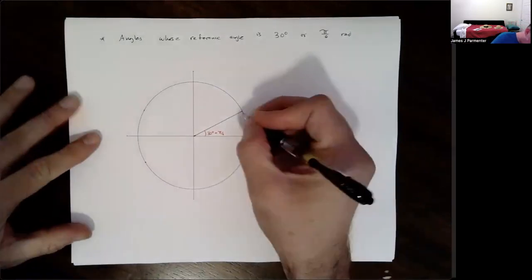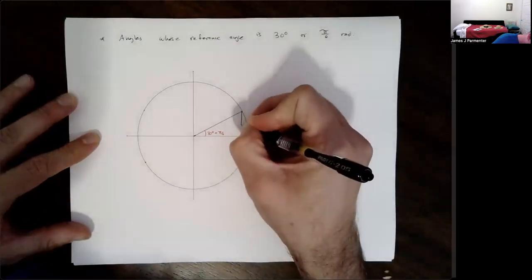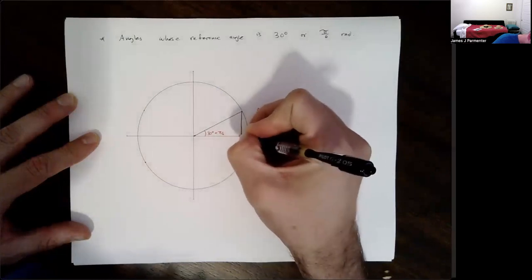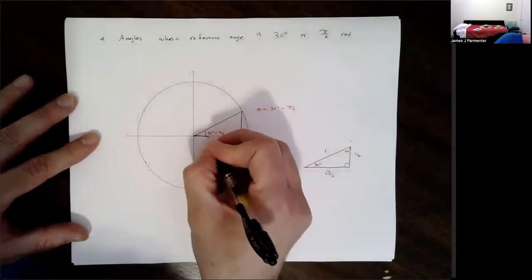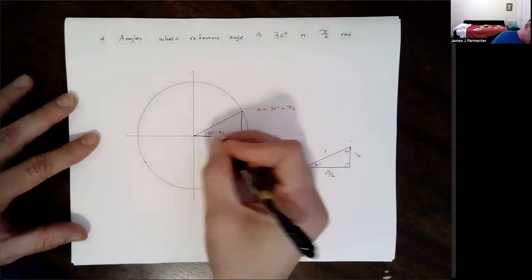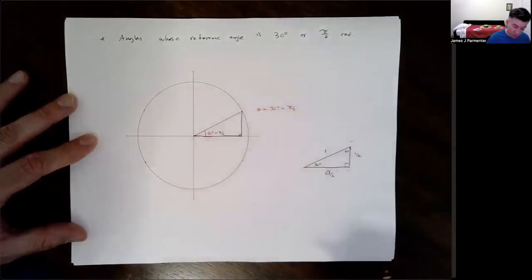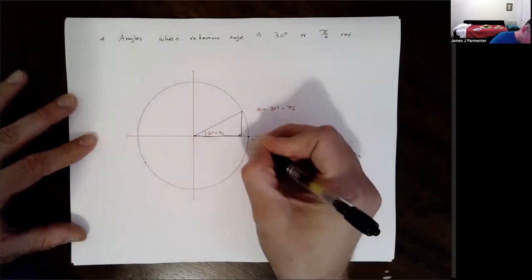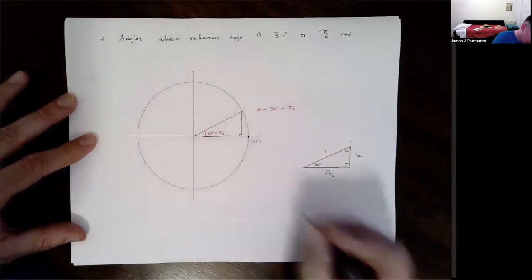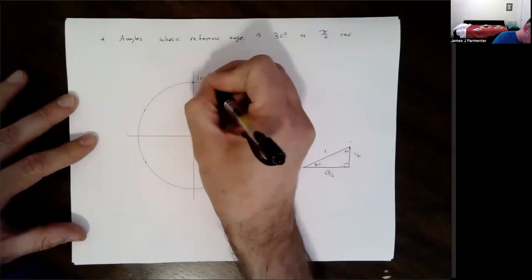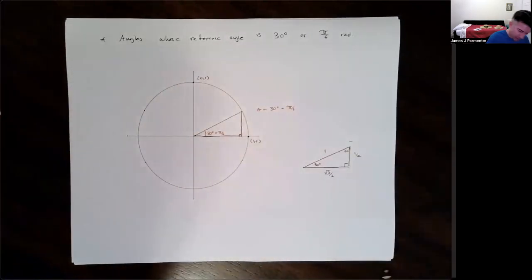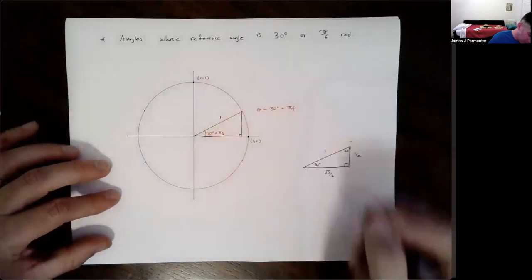Because if I drop this perpendicular, in this 30, 60, 90 triangle, the hypotenuse in my unit circle, where the radius is 1, all of the hypotenuses are going to be a length of 1. So this hypotenuse is a length of 1.